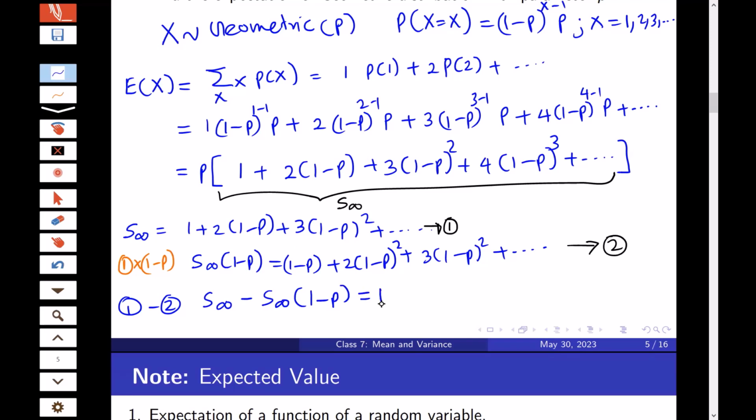Then 2 times (1 minus p) minus (1 minus p) leaves 1 minus p. And 3 times (1 minus p) squared minus 2 times (1 minus p) squared leaves (1 minus p) squared. The next remaining thing is (1 minus p) cubed, and so on.